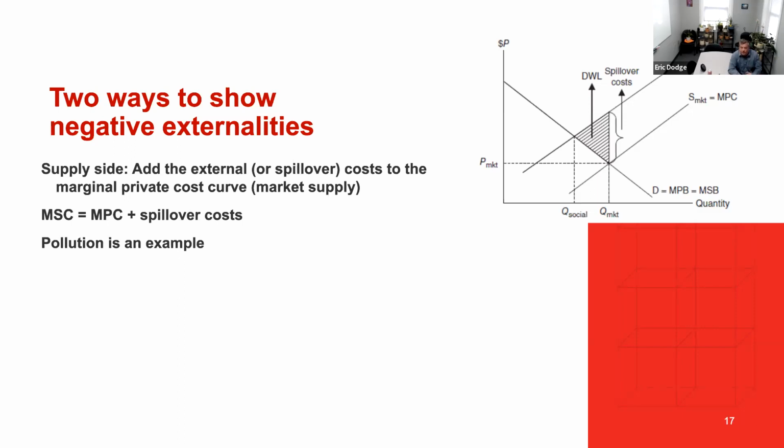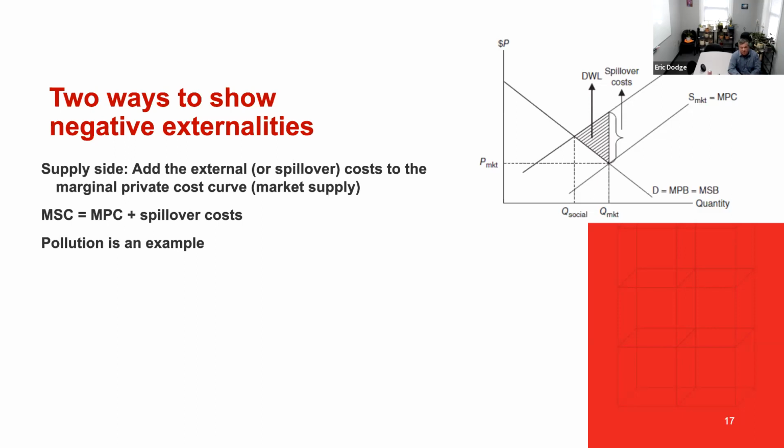Now, if you notice, the market outcome, Q market, lies to the right of Q social. What I mean by that in my notation is that the market is going to produce too much of this product relative to the socially efficient quantity. If we could figure out a way for the market to incorporate those spillover costs on other folks, then we would be at Q social.